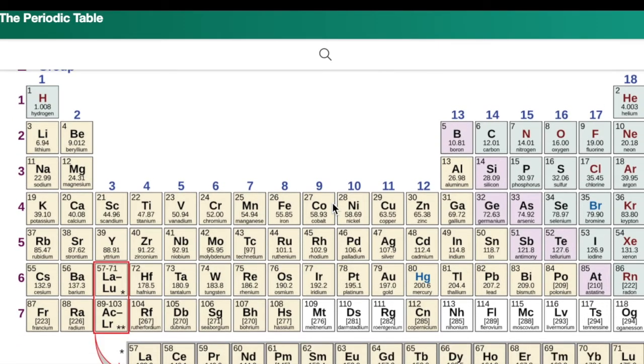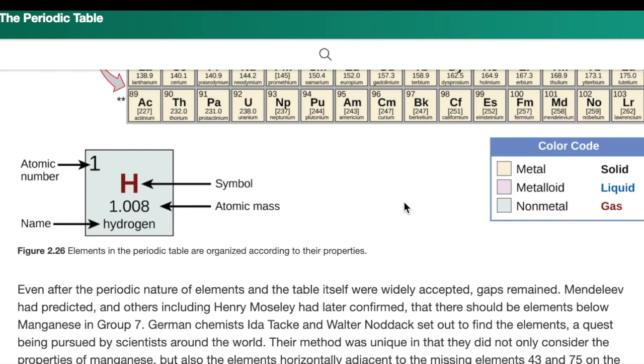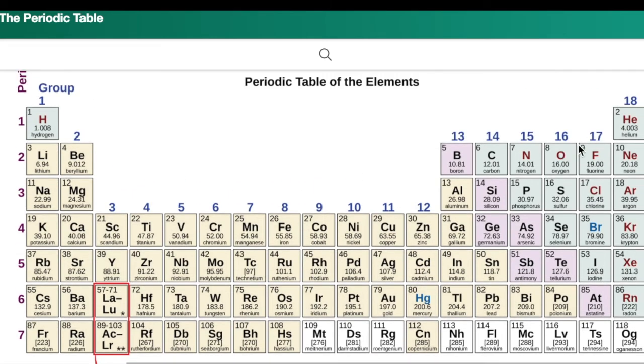Also up above in that chapter, we do have a color-coded periodic table that points out the different metals, nonmetals, and metalloids. And also the letter colors tell whether the element is a solid, liquid, or gas. You can see most of them are solids. We have some gases up here and only a couple liquids.